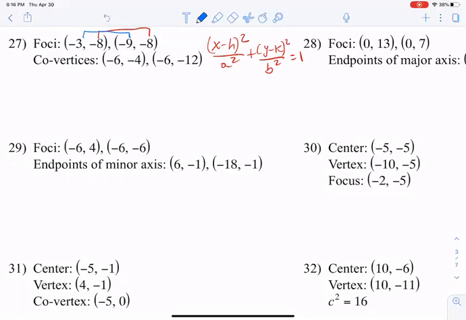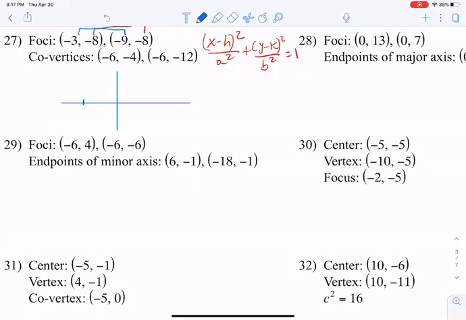Remember the foci follow the vertices, therefore I know that this is a horizontal axis.